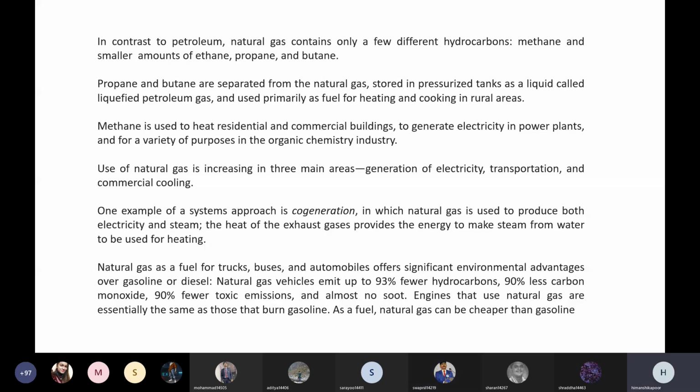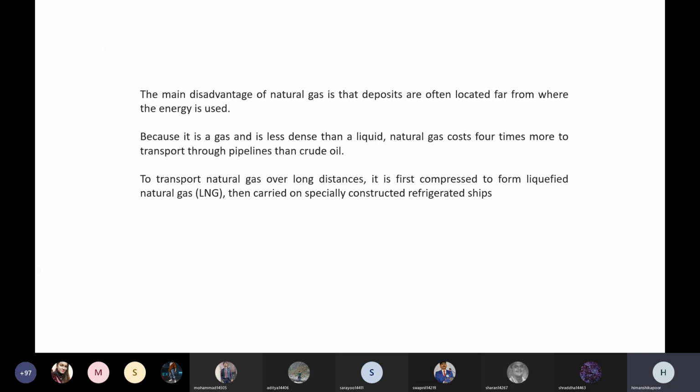Yeah, this is a very cheap source of energy. Compared to petrol, CNG is clean and cheap, a budget-friendly, pocket-friendly source.